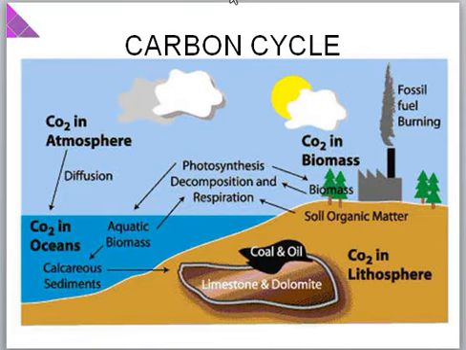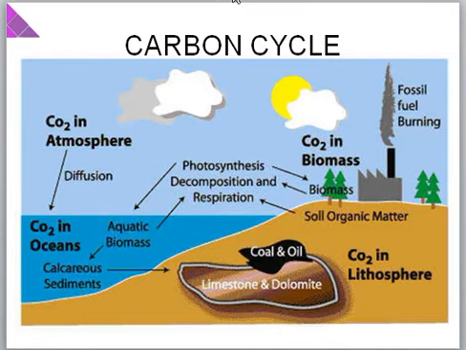The carbon is present in the atmosphere in the form of gas, carbon dioxide or CO2, which makes up 0.04% of the atmosphere. As what you can see here, carbon dioxide in the atmosphere.